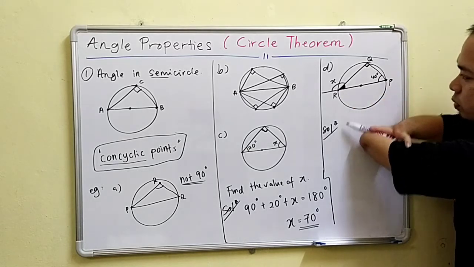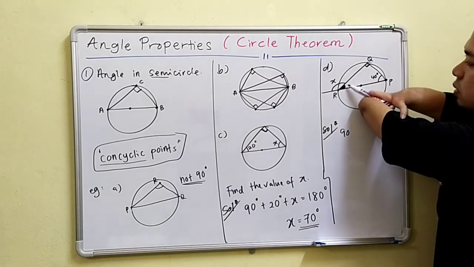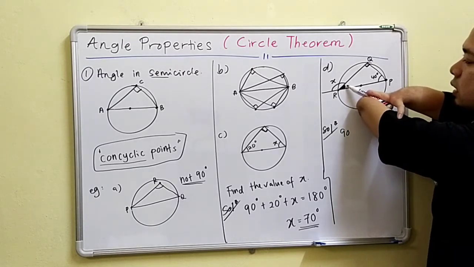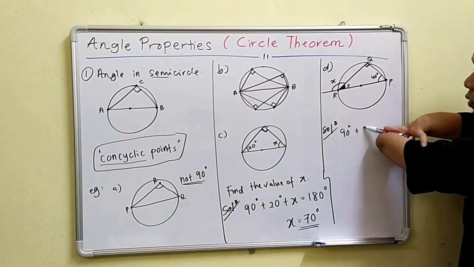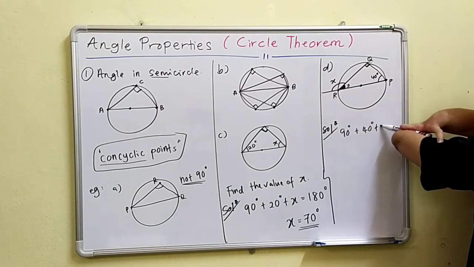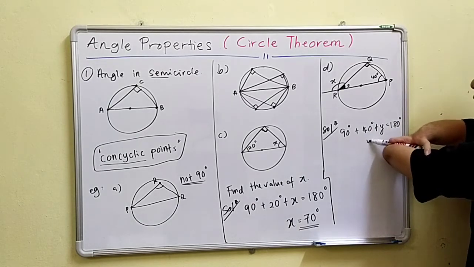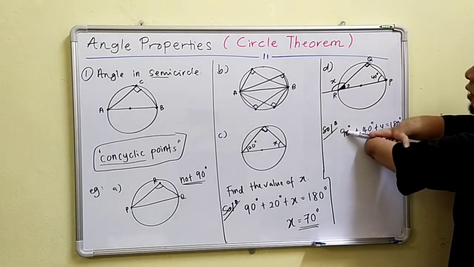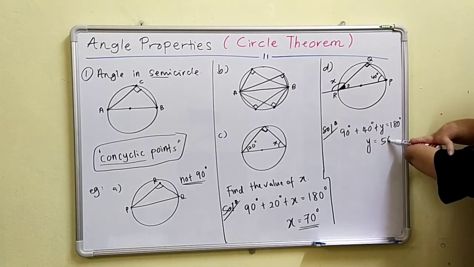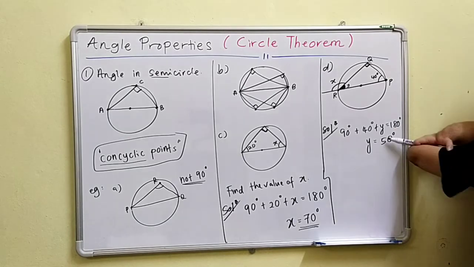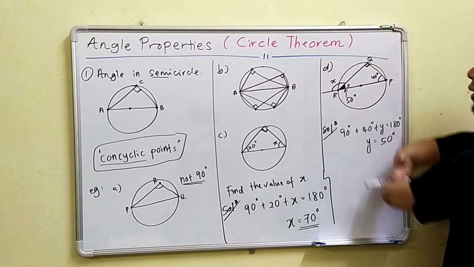We know that this is a triangle, so let's label the angle over here as angle y. Let's find y first. 90 degrees plus 40 degrees plus y must always be 180. 90 plus 40 is 130, so we need another 50 degrees. So this is 50 degrees.